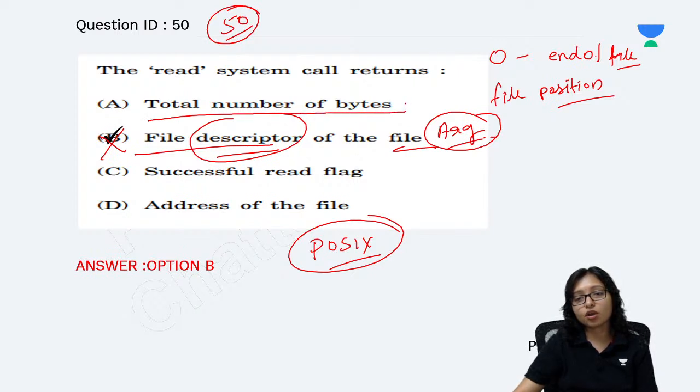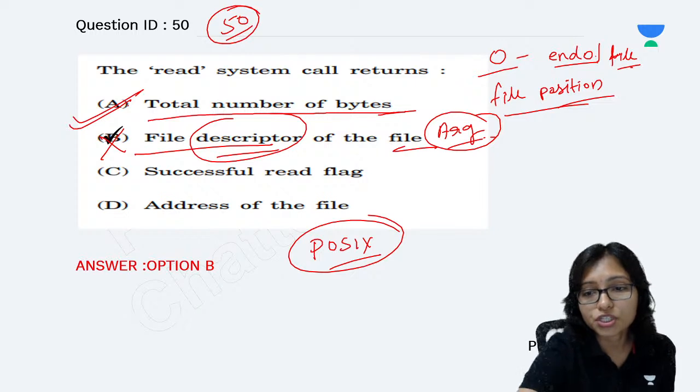If it returns 0, then it is the end of the file. Otherwise it returns the number of bytes read. So option A is the correct answer.